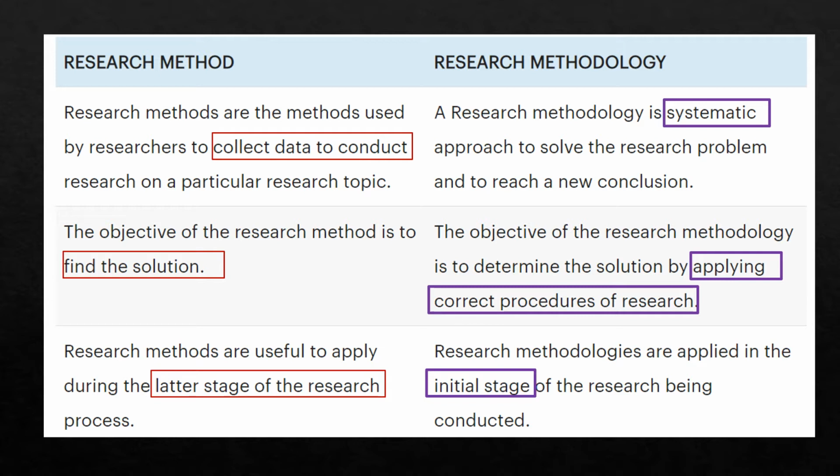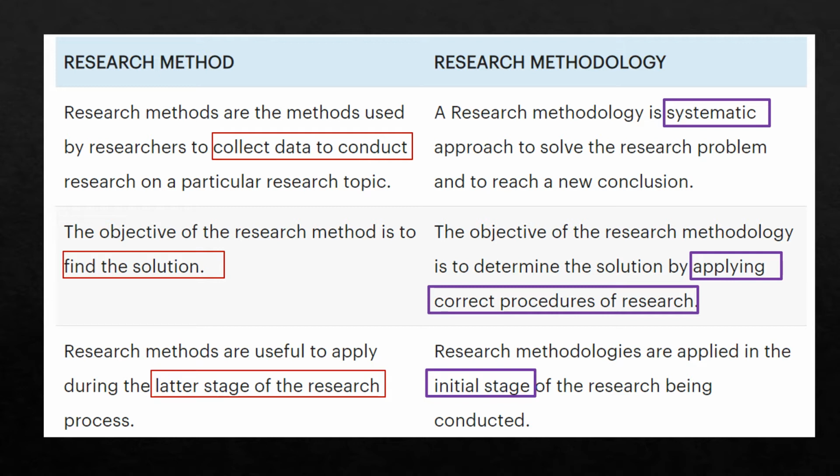It looks at the systematic approach to solve the research problem and to reach a new conclusion. The method objective here is to find the solution, whereas the objective of the research methodology is to determine the solution by applying correct procedures for the research.